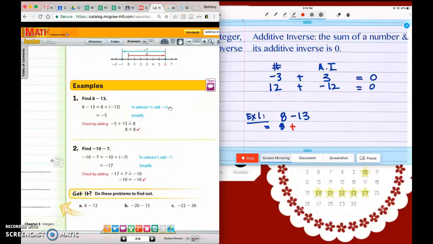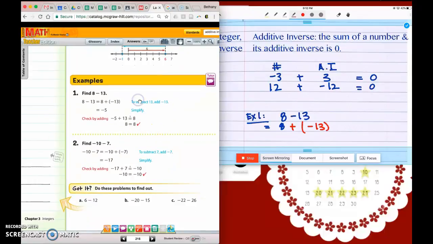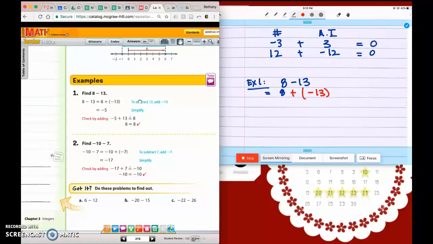And instead of my positive 13, this changes to a -13. Then you can use tiles, a number line, or decomposition to find that this will give you -5.